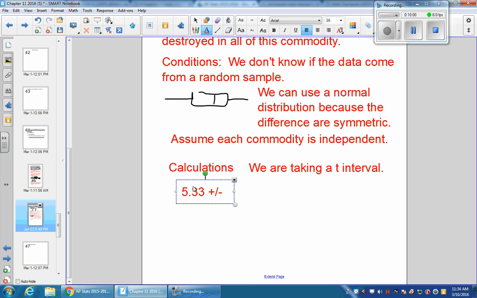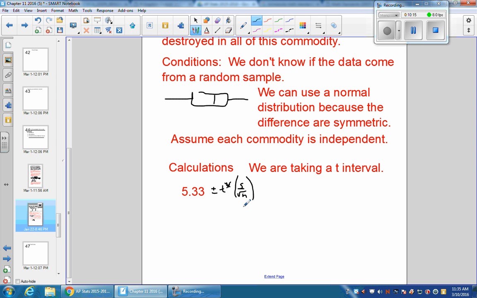This one I should probably just do by hand. So that's plus or minus our t star times s over the square root of n. So our s in this situation is 5.23. Oh, and I found that on my calculator. My n was 27, and now we have to look for our t star.